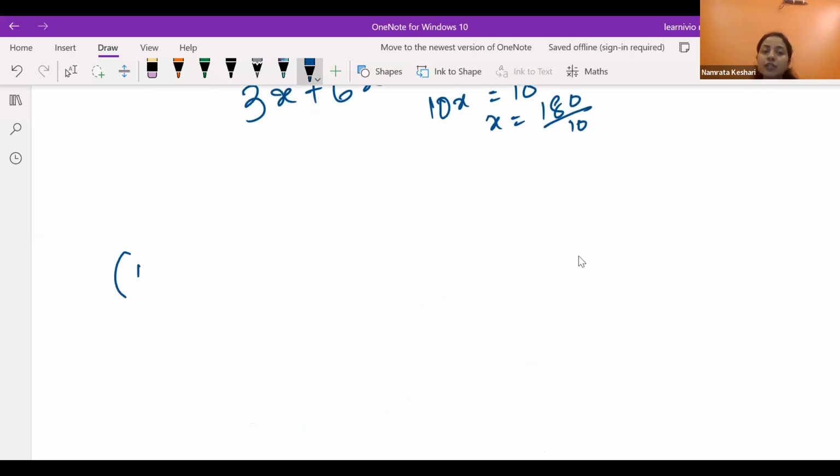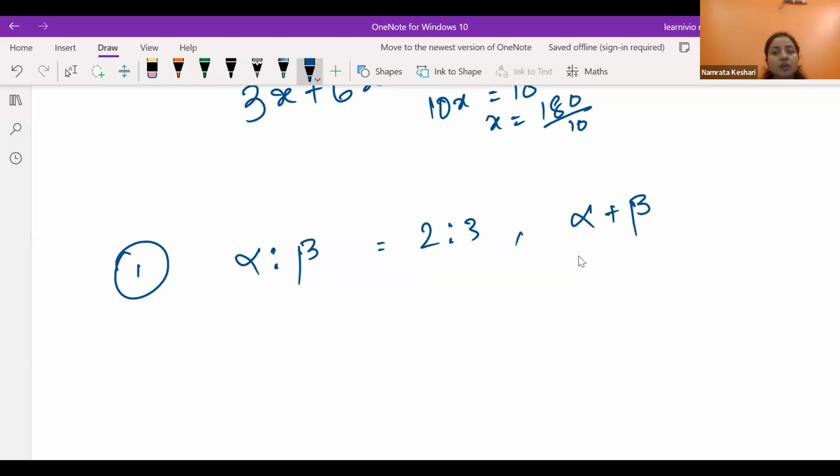In case I give you one example that the ratio between the roots alpha and beta is 2 is to 3, then we can assume, and I give one more condition that the sum of the roots is, suppose, 25, and find the polynomial.